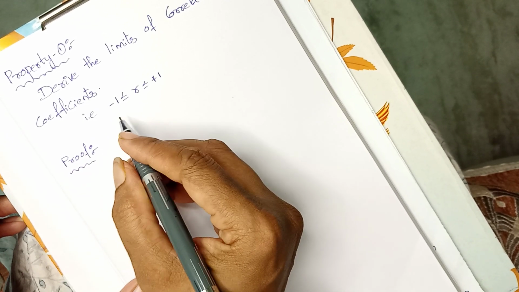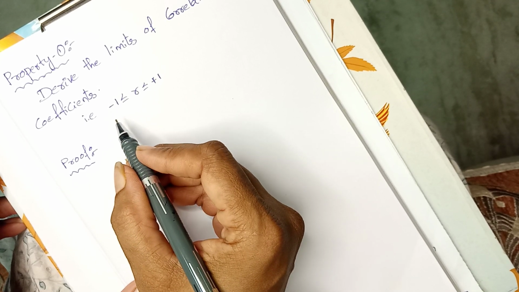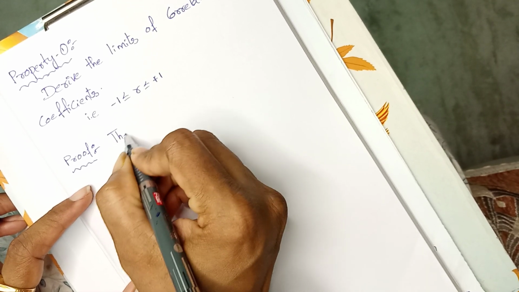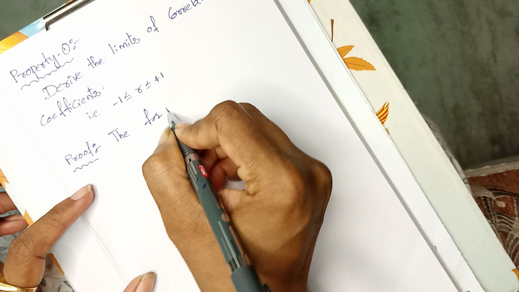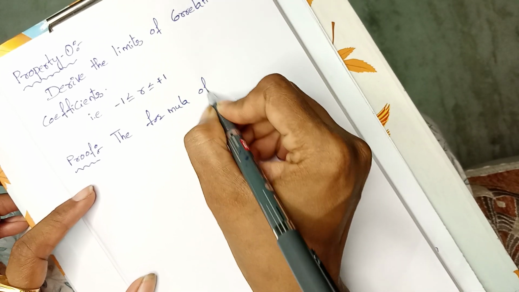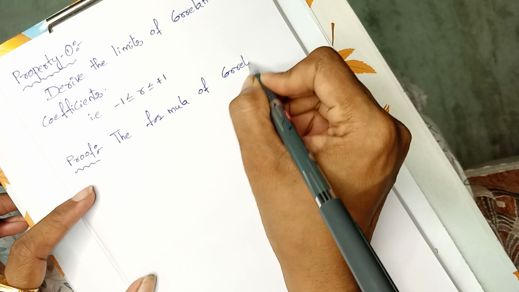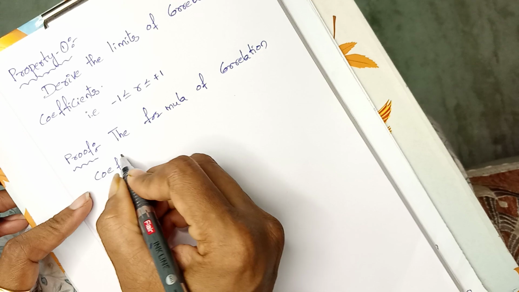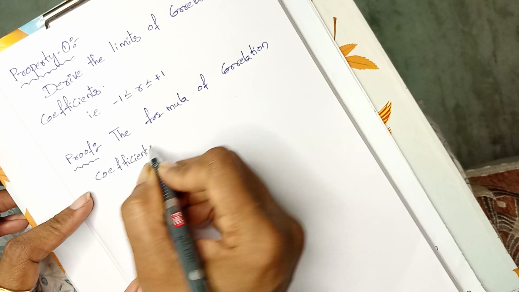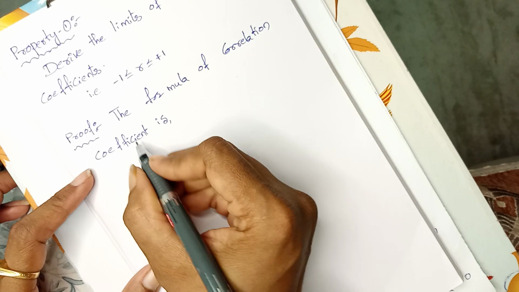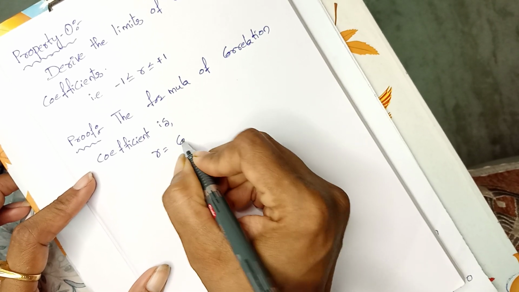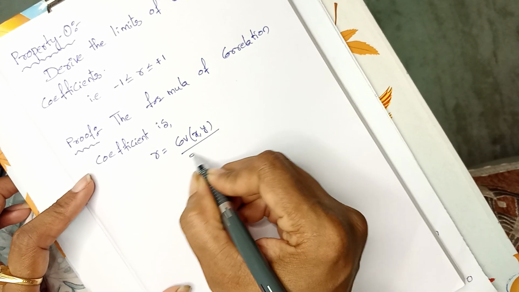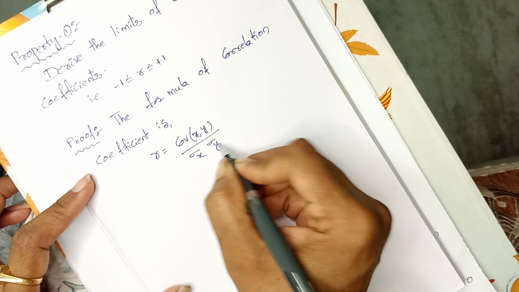Proof: we all know that the formula of the correlation coefficient is r equals covariance of x comma y by standard deviation of x into standard deviation of y.